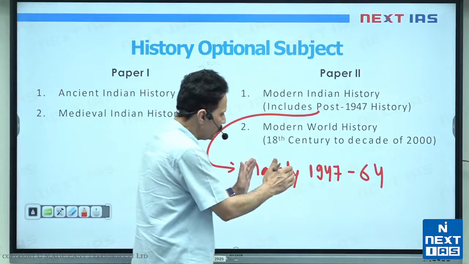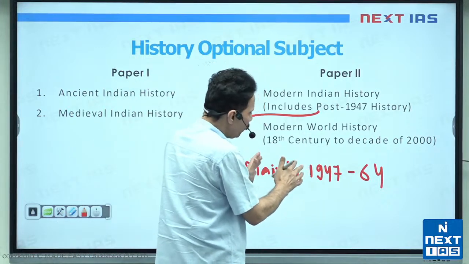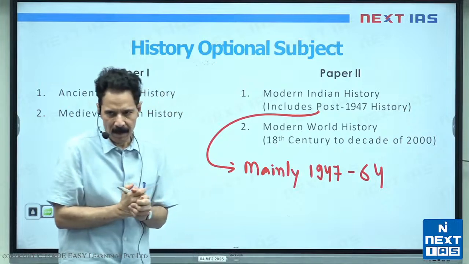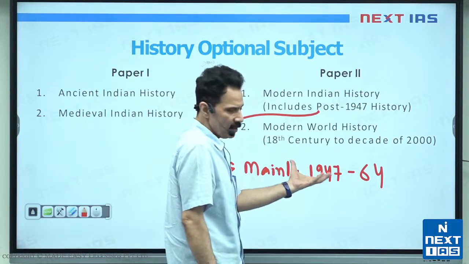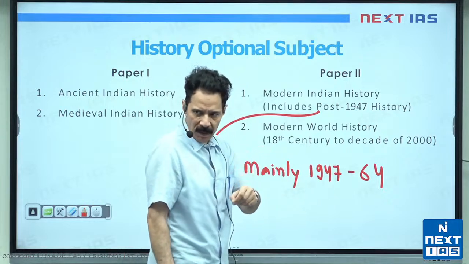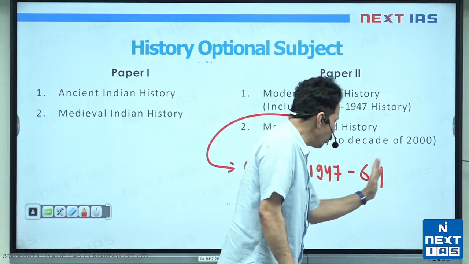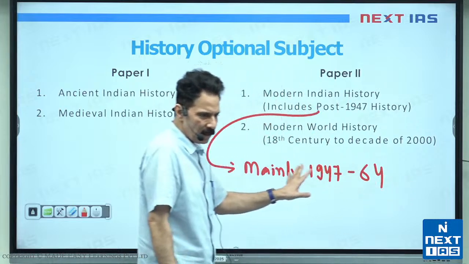This period is commonly known as the first phase of independence. So post-1947 history is mainly this, though we have a few topics that go beyond 1964.